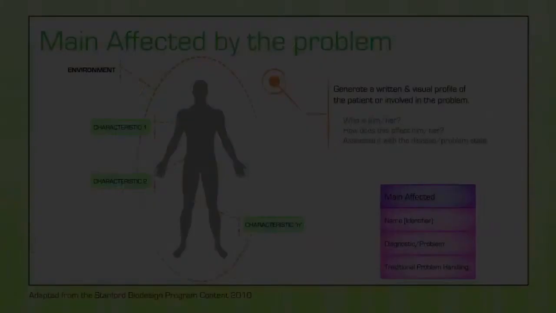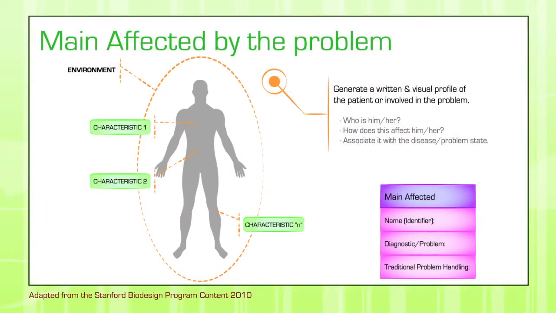you should put it. And the way I see most effective is in a table that defines in a very specific way this main affected, with some sort of identification. It might not be the name of someone. If you know someone with that disease and they give you permission to expose their problem, then you can put it.